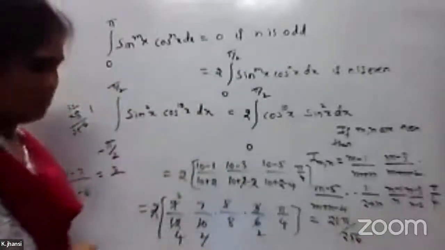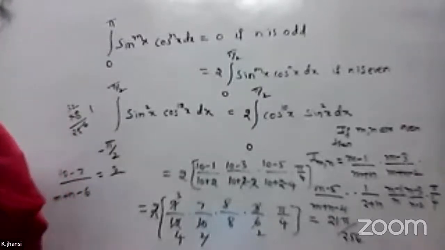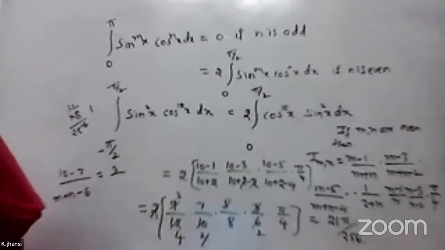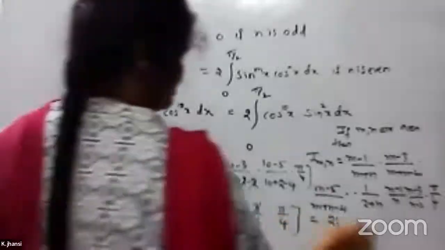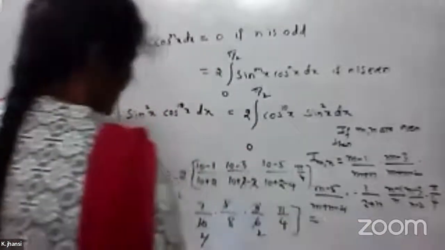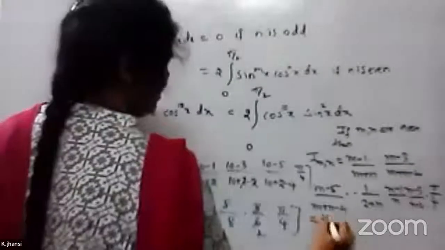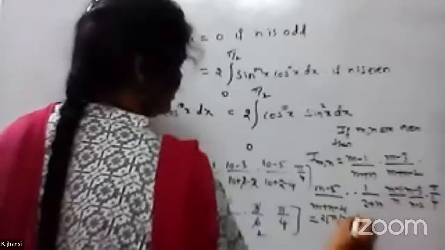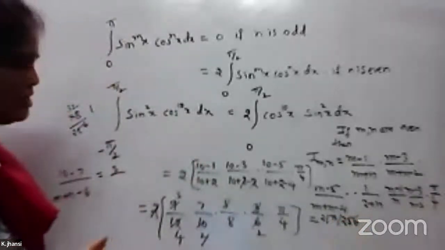Okay, so like this, the procedure is the same. 21 pi by 256 is the last answer. Now you are able to see, no?